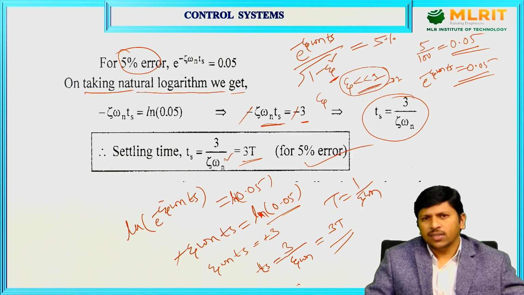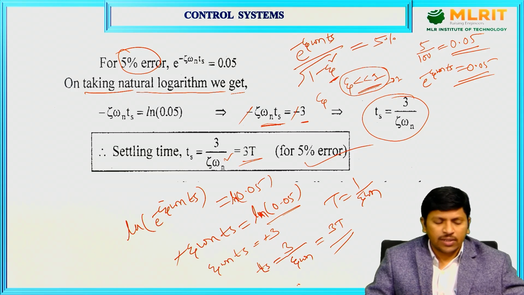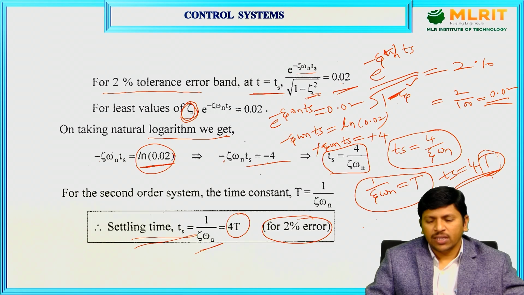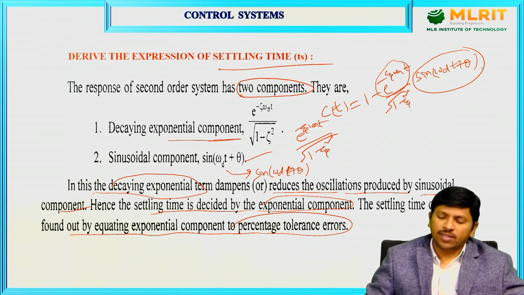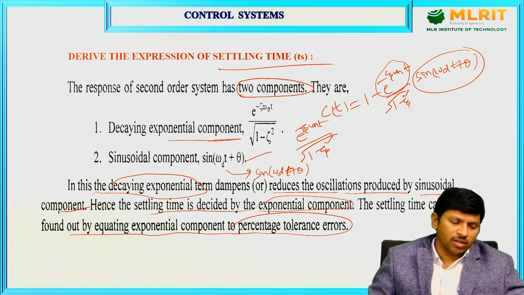The basic response we consider for all the time domain specification expressions is the second order underdamped system for unit step input, that is c of t equals 1 minus e power of minus zeta omega n t divided by under root 1 minus zeta square into sine of omega d t plus theta.